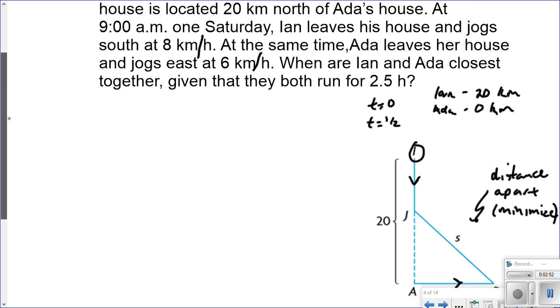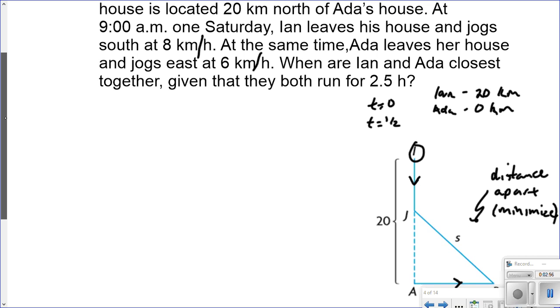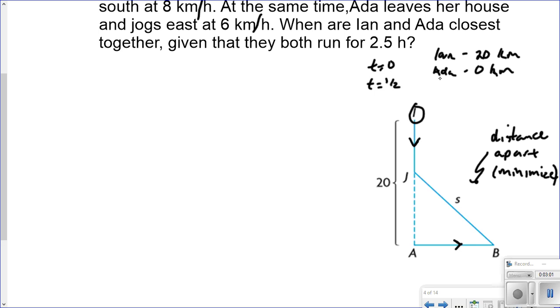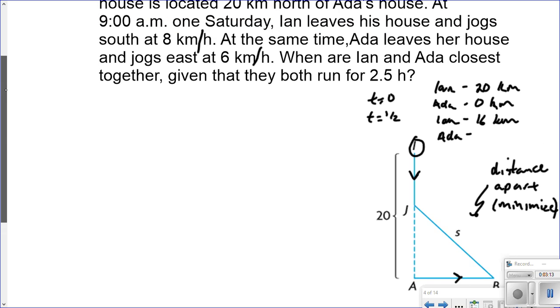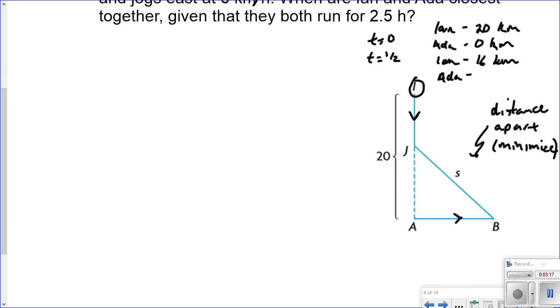So how far is he from the house? 8 kilometers per hour, he's traveled 4 kilometers. He started at 20, minus 4 would be 16. So Ian would be 16 kilometers away from the house. And Ada has traveled for half an hour at 6 kilometers per hour. That means she's traveled 3 kilometers in that half hour, and she's 3 kilometers away from the house.